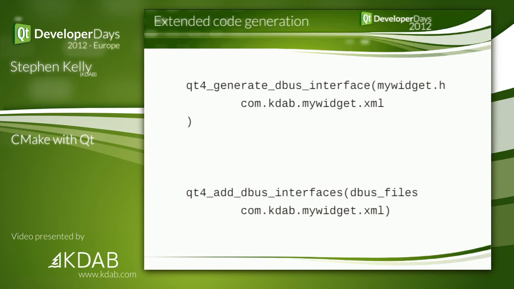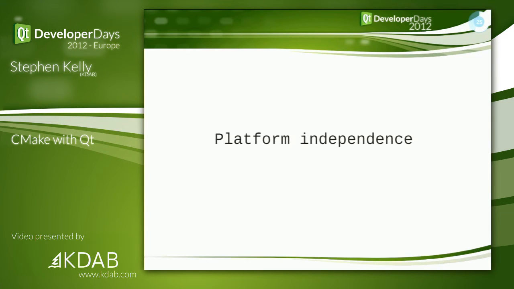And there's a complementary macro which uses the XML interface to create a C++ interface to the external processes. So these are, again, features that are not available in QMake as far as I know, at least not in public API. And they really simplify the use of dbus, at least enabling the use of dbus in your build system.